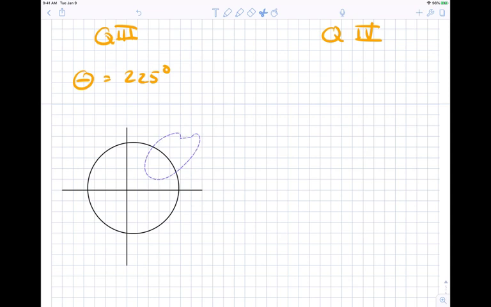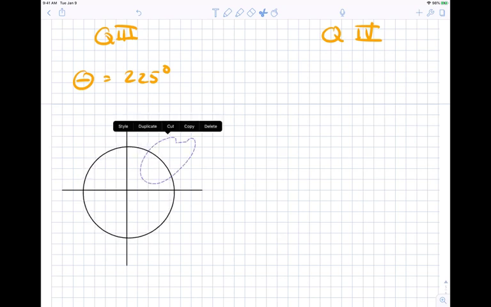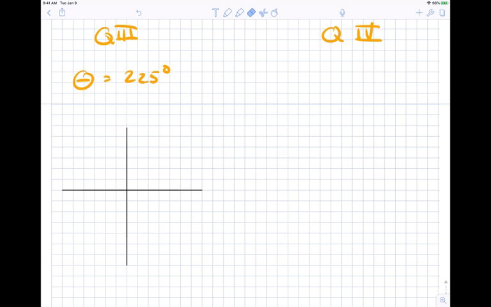So the 270 is using the y. It's not wrong, but to be a little bit more precise, let's get rid of this and let's do another circle. We want to hit, if we're on the unit circle, 1, 2, 3, 4, 1, 2, 3, 4, 1, 2, 3, 4.